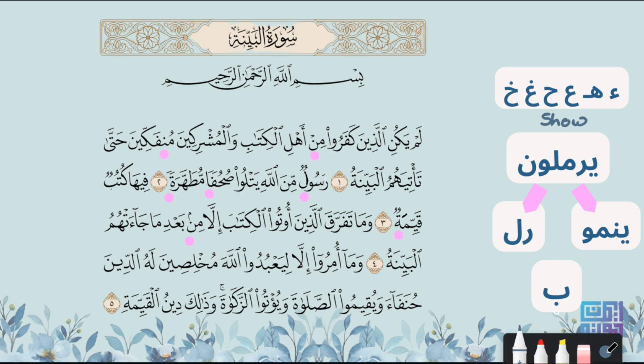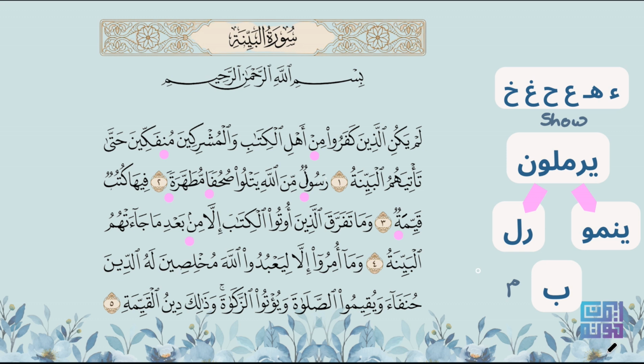And then if a ba came after the Noon Sukoon, it's going to be iqlab, and you're going to find a meme written like this on top of the letter. It's going to be pronounced meme, so it's iqlab, and then all the remaining letters are ikhfa. I'm going to hide the Noon.